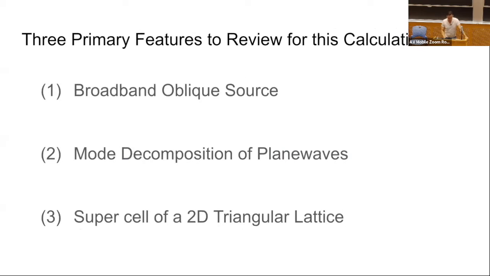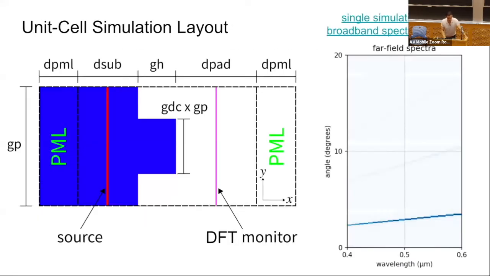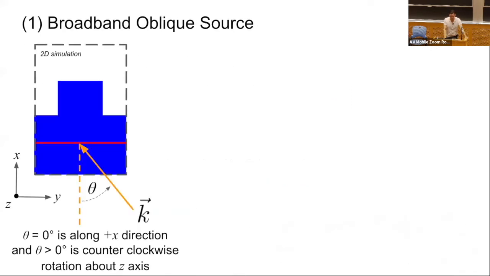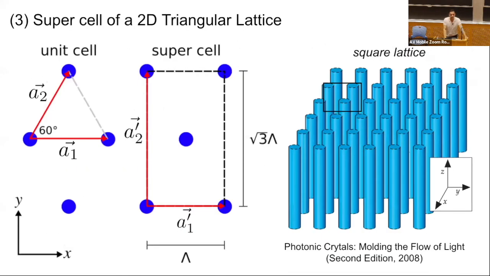The last thing that we'll look at is, this is a very simple one-dimensional grating, but suppose I extend this concept to a two-dimensional grating, okay? So something that looks like this, okay? It's not just a 1D grating, it's a two-dimensional array. It's not a simple square lattice, it's a triangular lattice. Okay, so I want to be able to model a triangular lattice, for example, of these circular rods.